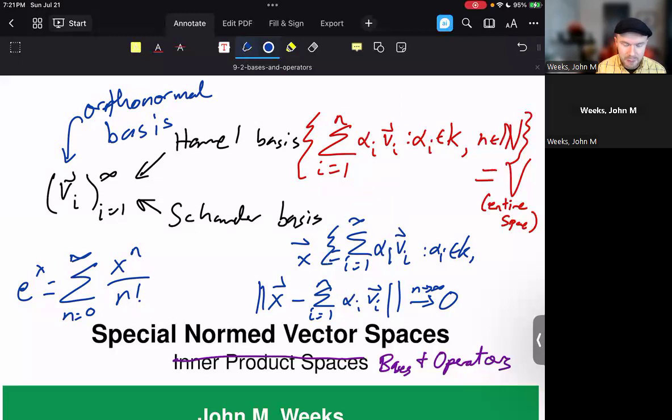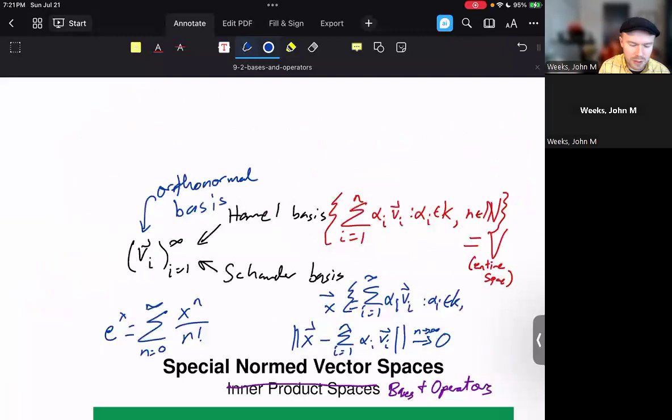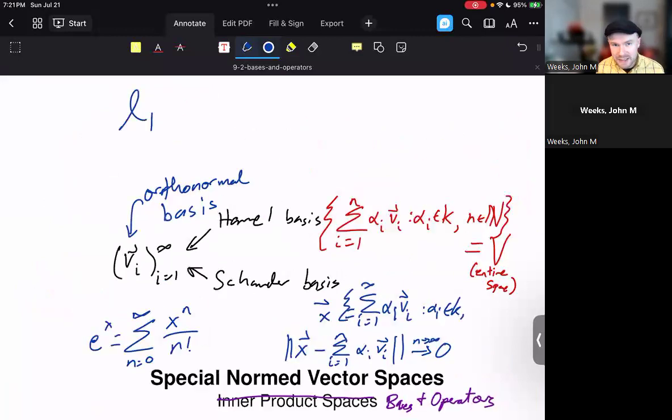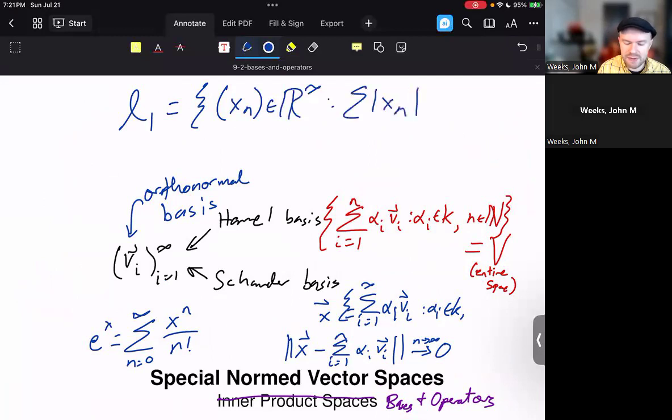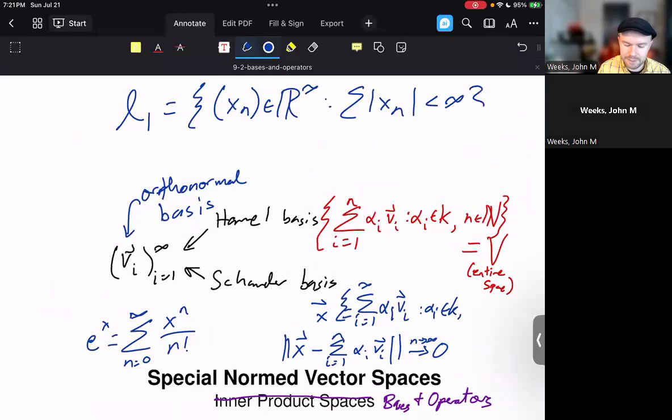Let's say, for example, we're looking at the space of little l1. In the space of little l1, you are considering the set of all sequences x sub n in the real numbers such that the sum of the absolute values of the x sub n, as n goes from 1 to infinity, is less than infinity.